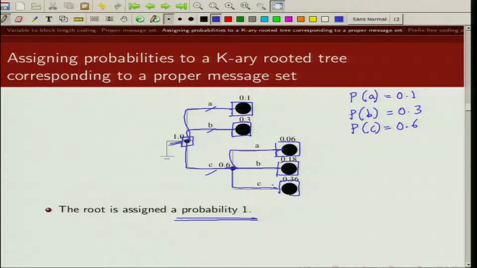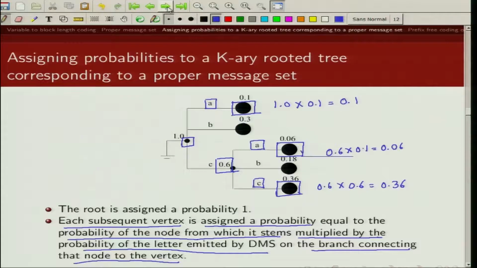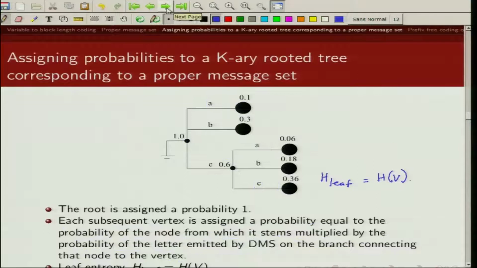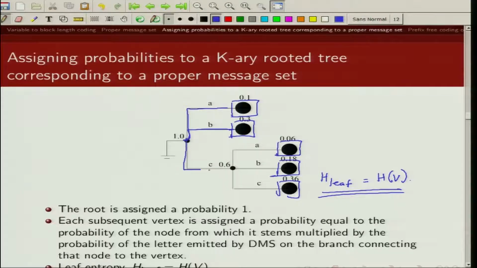So these are my Vi's, and the leaf entropy will give me the entropy of V. So the leaf entropy, which is the entropy of these leaves, is nothing but the entropy of V, because this is how I am parsing my source. So this leaf entropy is given by H of V.